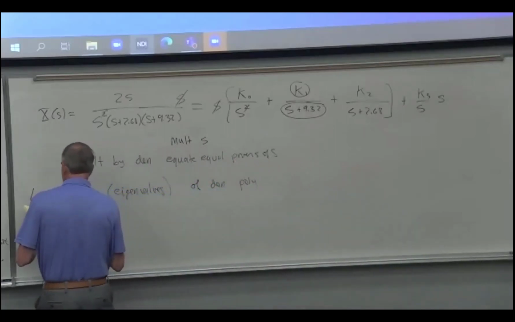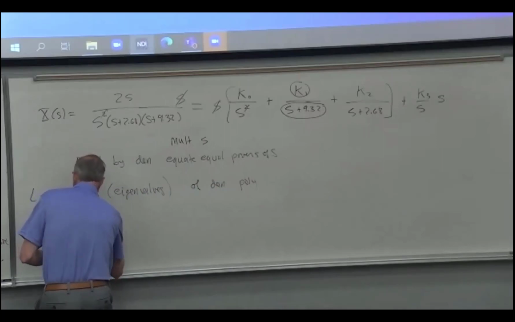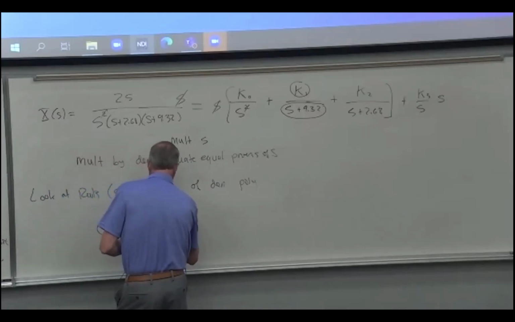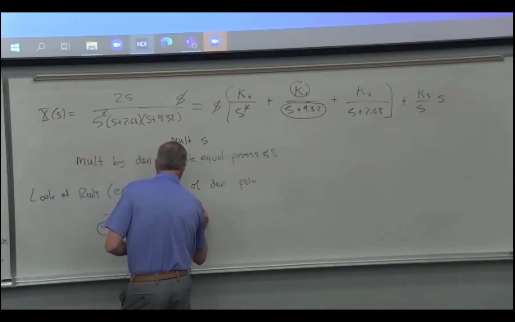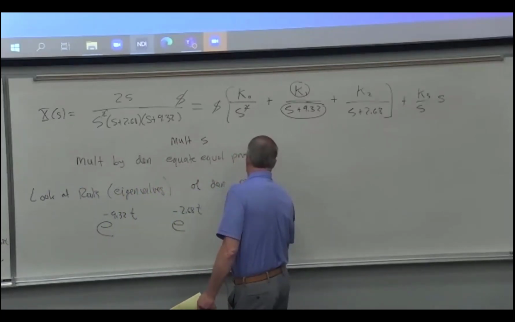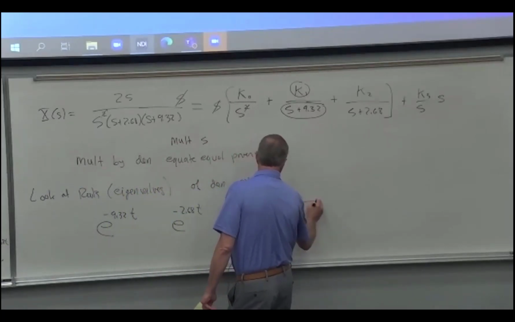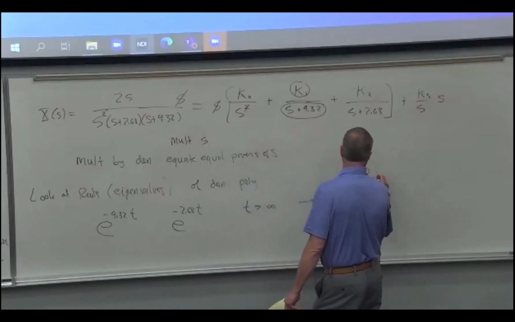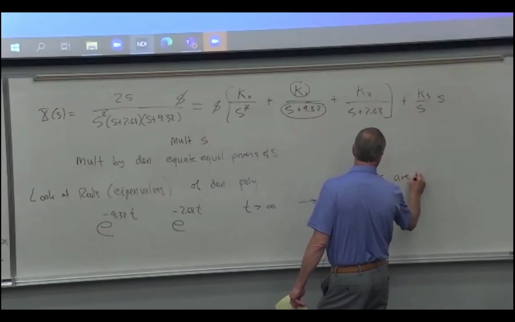In the solution we just did, we had terms that were e to the minus 9.32t and e to the minus 2.68t. And we said as time goes large, they go to 0. And it's because the roots are negative.